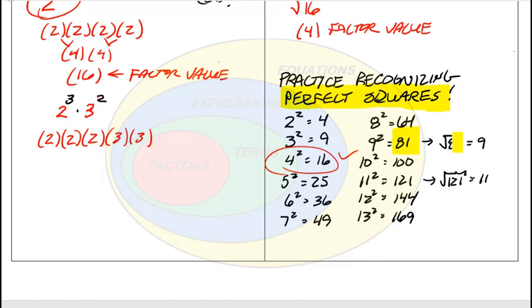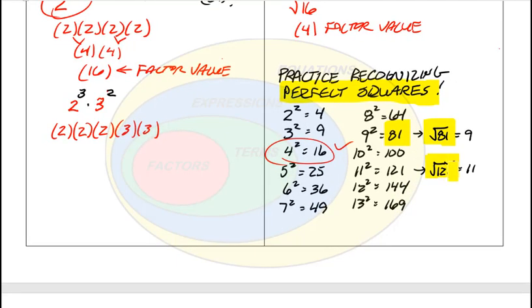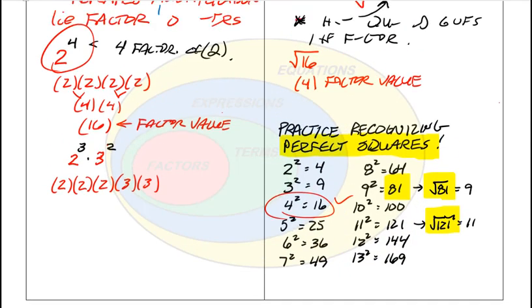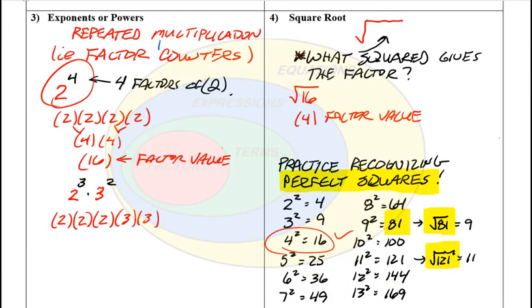So if I take the square root of 81, what do I square to get 81? The answer is 9. The same thing, 121 is a perfect square. So if I take the square root, I know it's 11. So with working with square roots, you definitely need to remember and practice with your perfect square numbers.